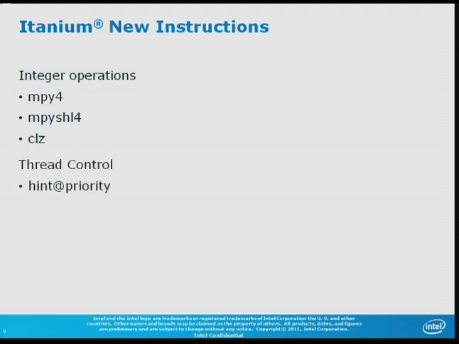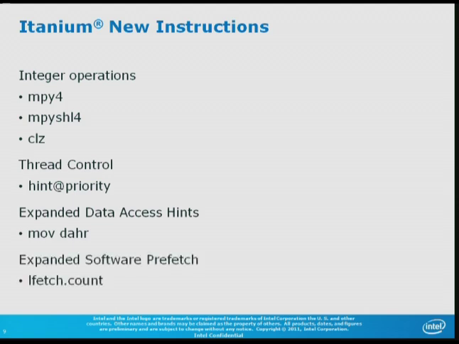We've extended our software control over our threading capabilities. We've substantially expanded the Itanium architecture to provide a better ability for software to communicate hints to the hardware for data operations. And we've also added or extended our software prefetch capability by adding a counted LFetch, which allows moving multiple blocks of data into the data cache.